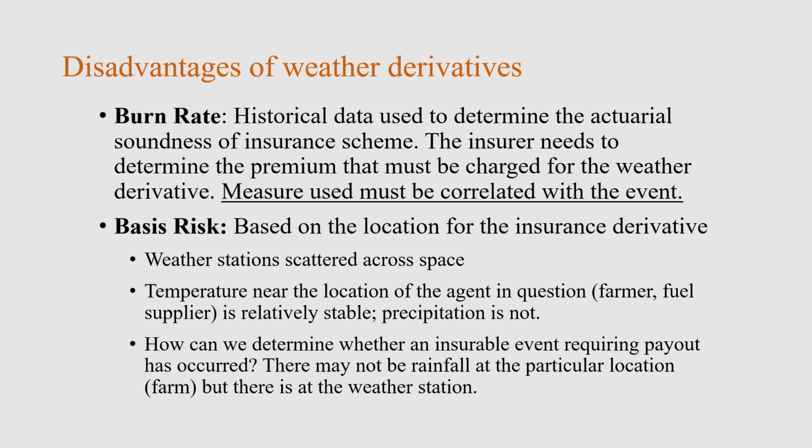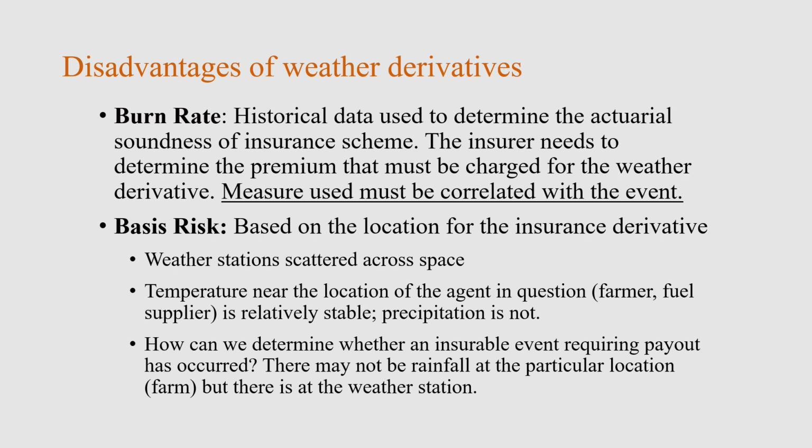Basis risk, on the other hand, is based on the location for the insurance derivative, or whatever the financial instrument is. So weather stations tend to be scattered across space. Temperature near the location of the agent in question, a farmer or fuel supplier, is relatively stable, but precipitation is not.